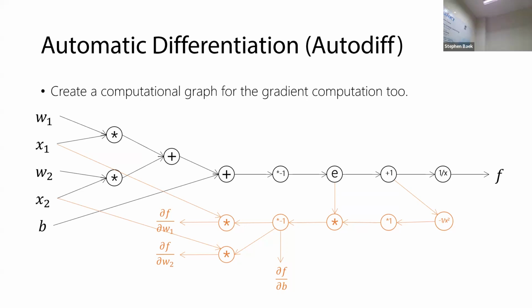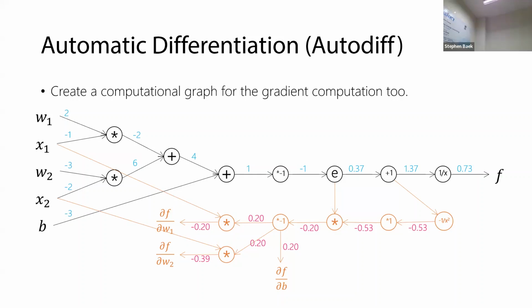Now that we have a graph constructed like this, computing the derivative, computing the gradient, is as simple as just flowing the numbers through this graph, doing all the computation. And then at the end of the day, you should be able to compute the derivatives and everything.